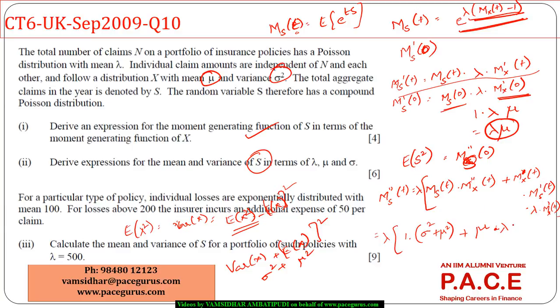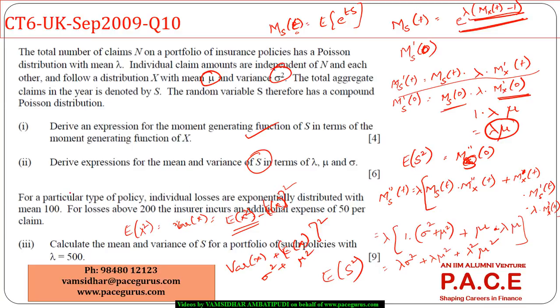So this is what is working out. Overall this is coming as lambda sigma squared plus lambda mu squared plus lambda squared mu squared. So this is coming out as expected value of s squared.